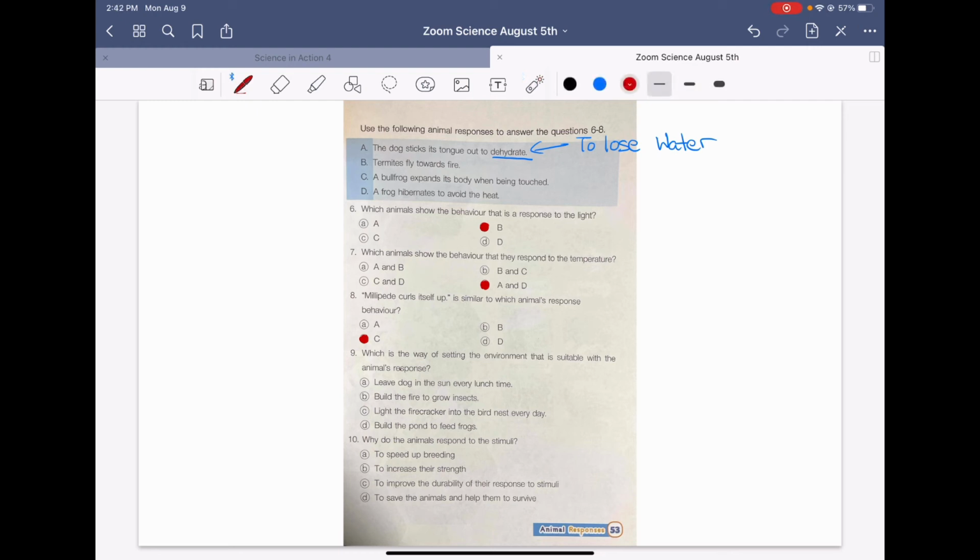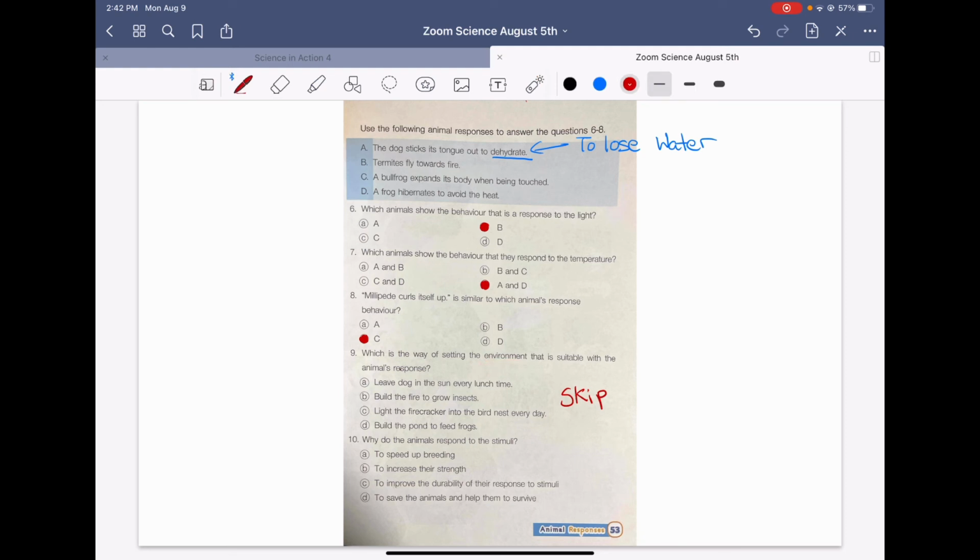Number 9. Which is the way of setting the environment that is suitable with the animal's response? This one we can skip as well because we didn't really learn about this. It doesn't have much to do with animal response. This is about environment, so this one's completely unrelated.